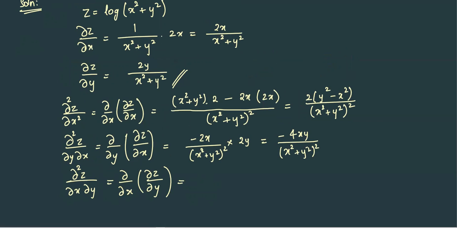Again, we get minus 2y upon (x² + y²) whole square times derivative of the denominator. We get 2x. So we get minus 4xy upon (x² + y²) whole square.